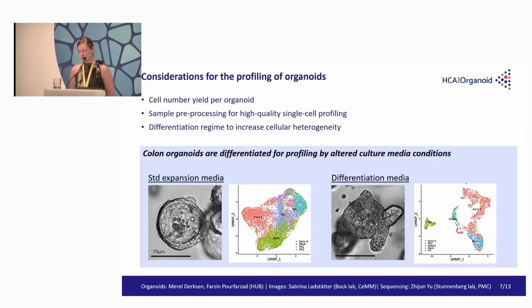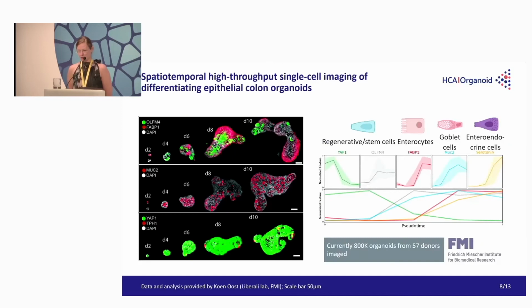Here I just want to show you the example for the colon organoids, which, when biobanked, are cultured in an expansion media, where you end up with stem cells, transient amplifying cells, and a few early enterocyte cells. So it's not really complex if we compare it to an epithelium of the colon. Upon applying a specialized differentiation media, we obtain also enteroendocrine cells and goblet cells on top of the other cells.